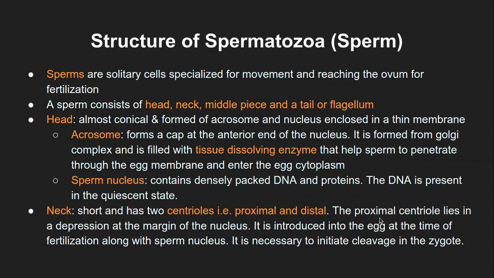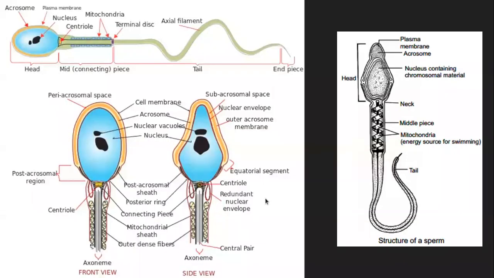So the proximal centriole lies in the depression at the margin of the nucleus. So what it means is, where is the diagram? Yeah, now if you look at this particular diagram or even this one, there is a small depression around the nucleus in between the head and neck portion.